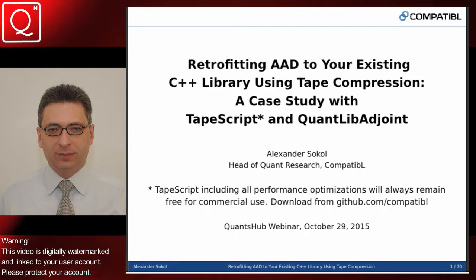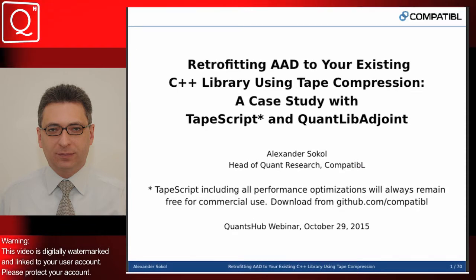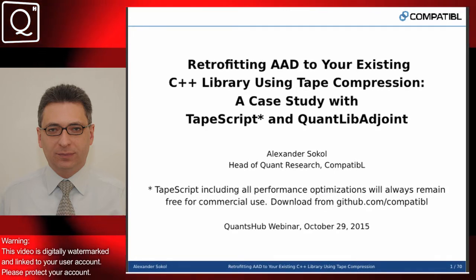Sort of like, if you have an audio file, it can be 10 megabytes for a song, right? But if you compress it using MP3, it will be 1 megabyte or less. So the idea essentially is to use a similar type of compression, and there is lossless and lossy tape compression. So far we've been able to implement the simplest way of tape compression, which is simply dealing with arrays as a single number as far as the tape is concerned.